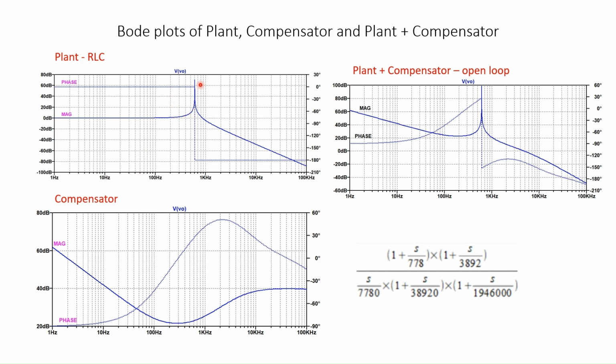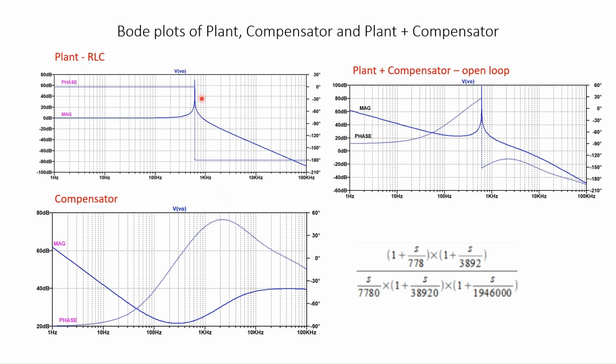So afterwards, the whole graph will be lifted by 20 dB. Whatever the 80 dB here will be 100 dB here, and instead of falling at 40 dB per decade, it's going to fall at 20 dB per decade, because there is a zero at the resonant frequency.